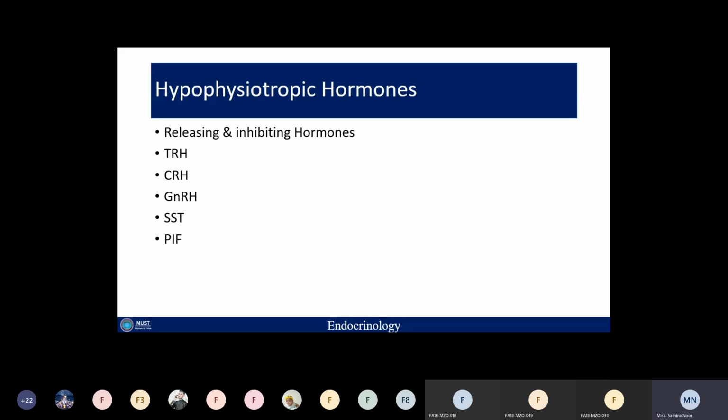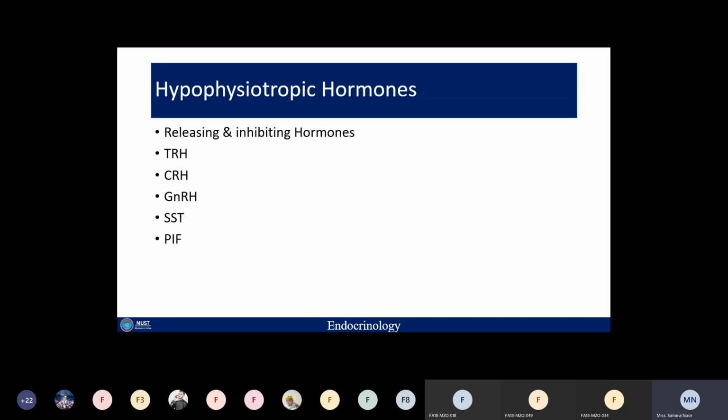Three different kinds of releasing hormones are secreted by the hypothalamus. First is thyrotropin releasing hormone, second is corticotropin releasing hormone, and the third type of releasing hormone released by the hypothalamus is known as gonadotropin releasing hormone. And two types of inhibiting hormones are secreted by the hypothalamus.